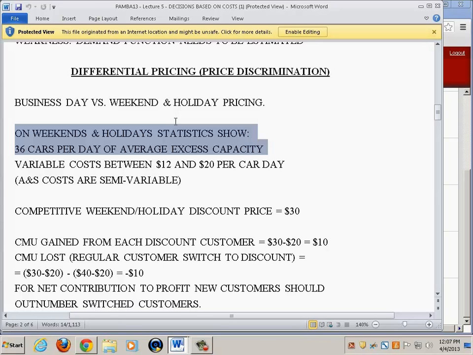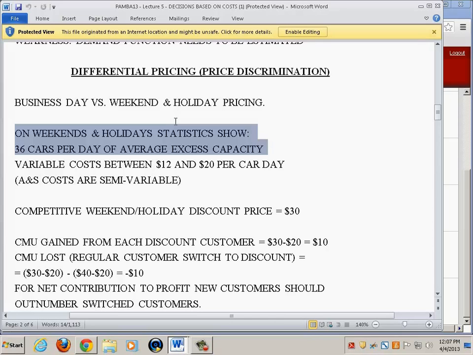Well, one way that you can do is you can change the circumstances because you're in an industrial location, but you could discount your prices to get the cars moving. You can discount them on those particular days. In other words, you could announce that you are renting cars at a discount on weekends and holidays.